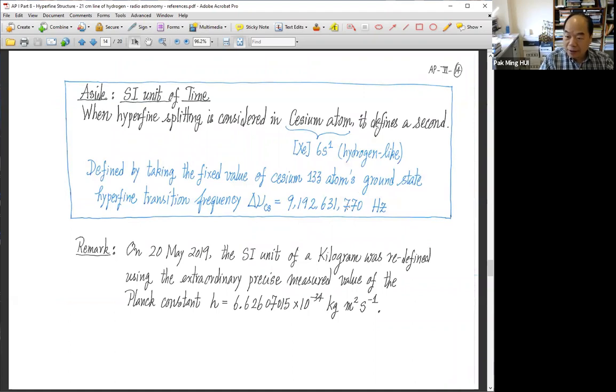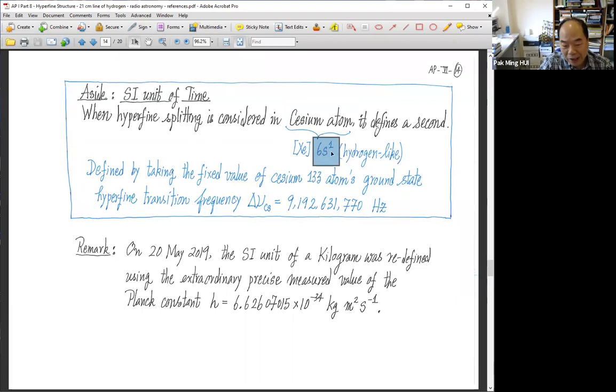An important sign for this hyperfine splitting is that actually the SI unit of time is related to hyperfine splitting, but not in hydrogen. If you go from the periodic table, hydrogen, lithium, and then sodium, potassium, go down. Down the column, there is a cesium atom. And its structure is 6s1. So it goes rather far down in the column.